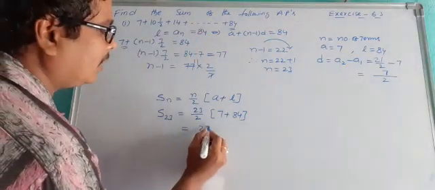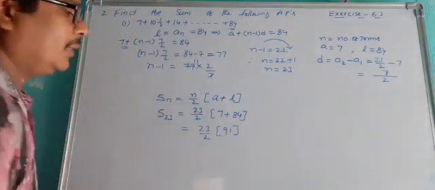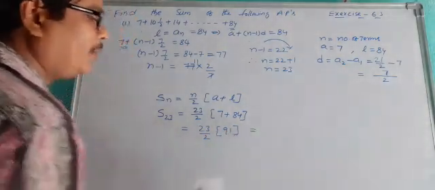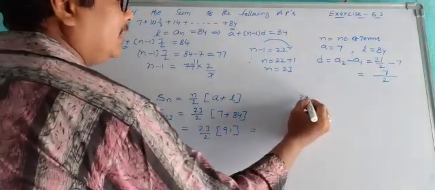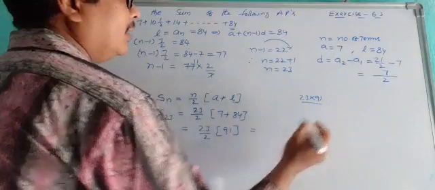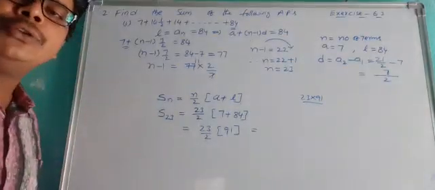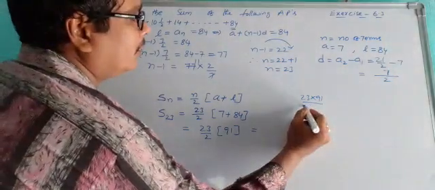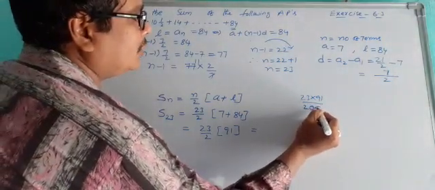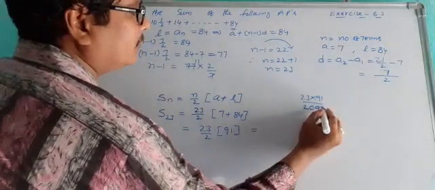Substituting, that equals 23 by 2 into 91. So find the product of 23 into 91 and divide by 2. The product of 23 into 91 equals 2093.